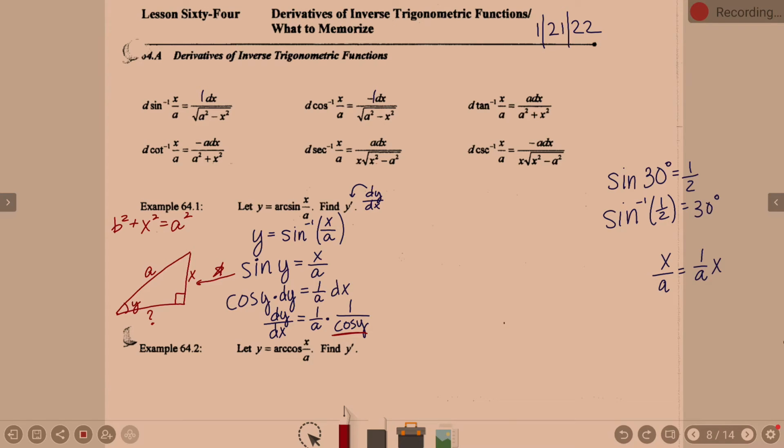Can you solve that for b? b squared is a squared minus x squared. And b is going to be the square root of a squared minus x squared.